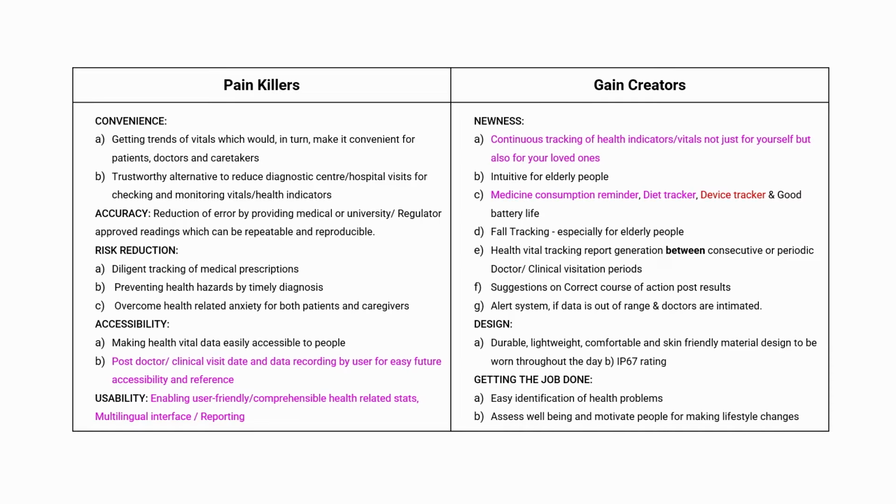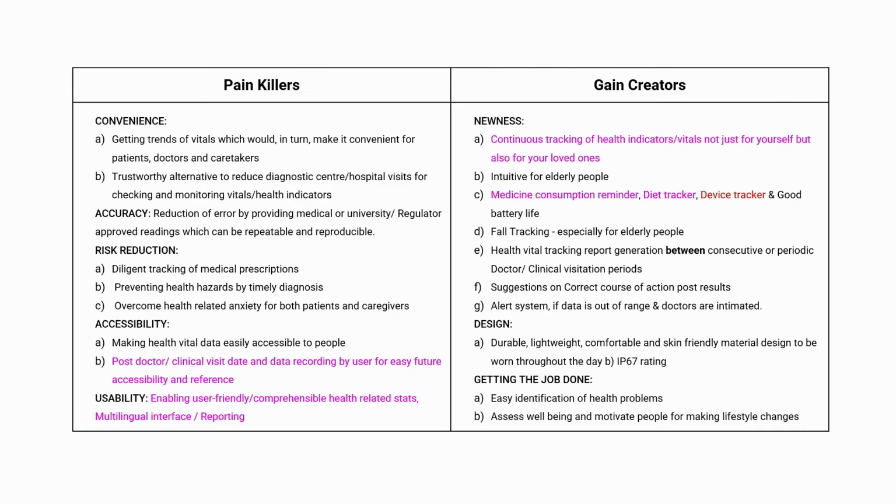Health vital tracking and report generation between consecutive or periodic doctor clinical visits. Whenever you are trying to see a doctor, you can have a health vital report generated by just one click, and you can carry or email this report to the doctor for a better prescription. Suggestions on the correct course of action post results.